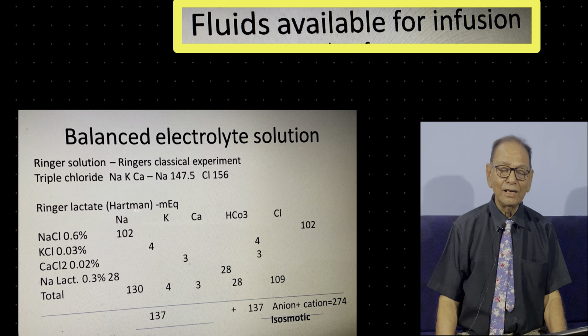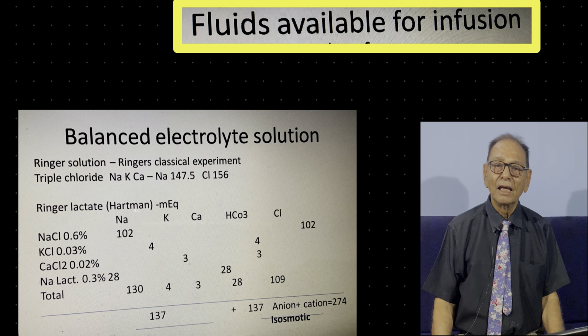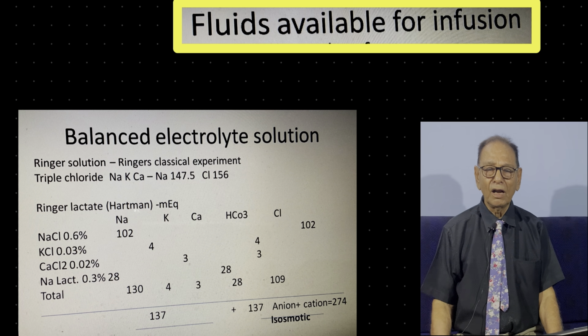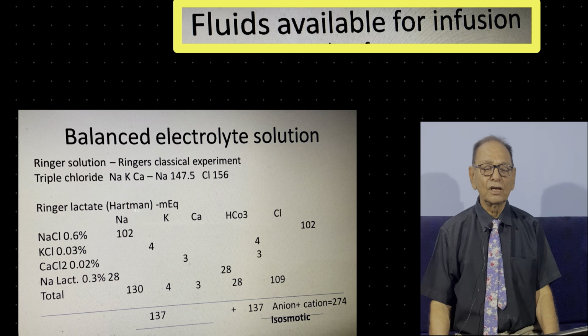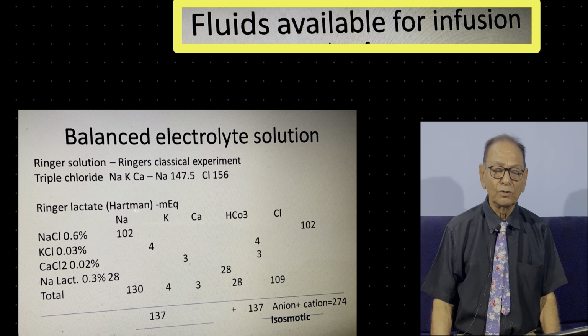Then he added calcium to it. And then, with this triple electrolyte, which are the major constituents, the heart kept on beating for a much longer time. Then he developed this concept of balanced electrolyte solution, and he made a triple chloride solution.